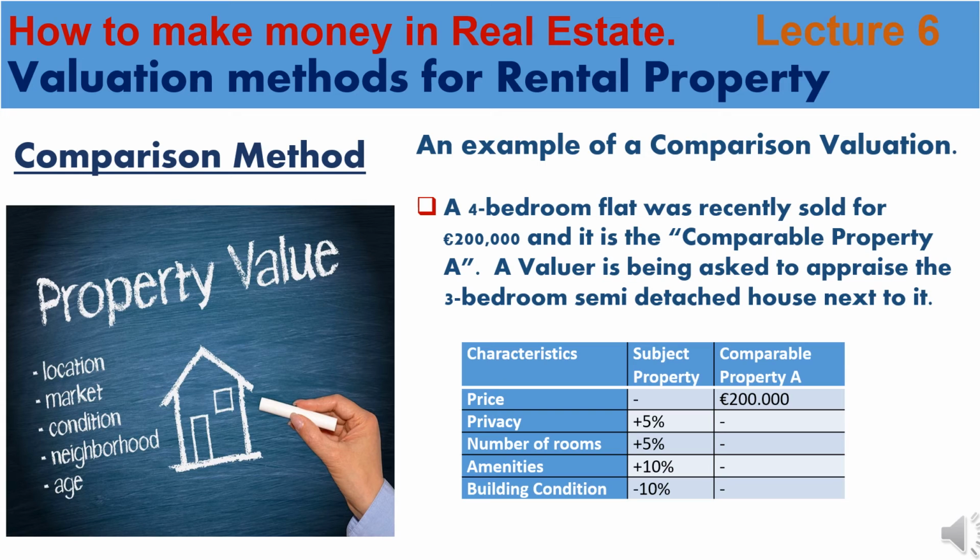This is just a simple example between two properties. It is important to note that to compare characteristics we must obtain information from several sources on both the subject and comparable properties. In calculating the adjusted value, the appraiser will add the total adjustments and either add or subtract them from the sale price of the comparable property.